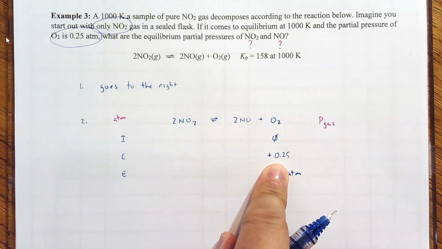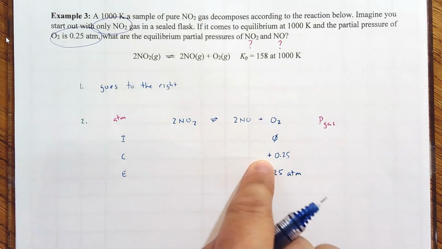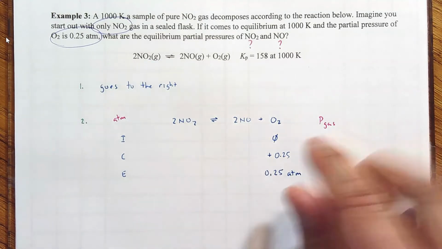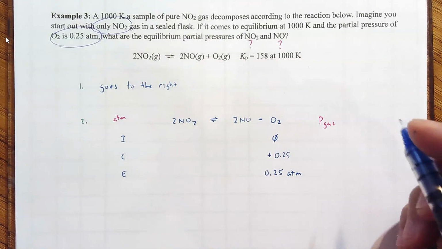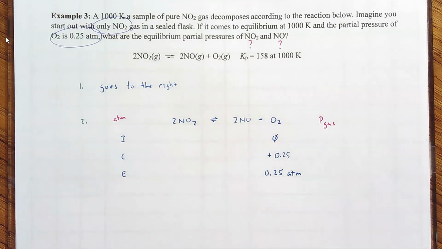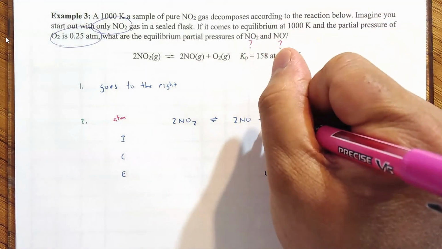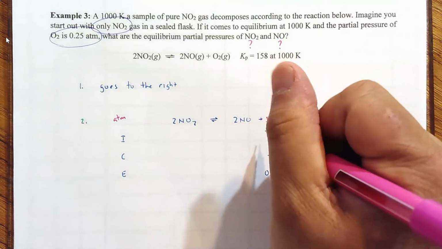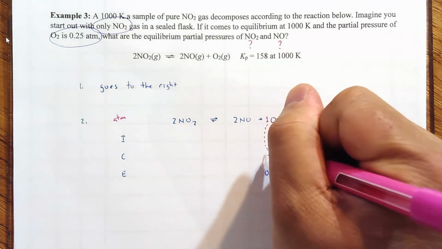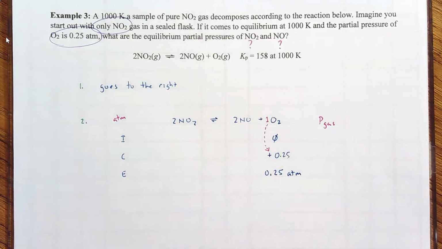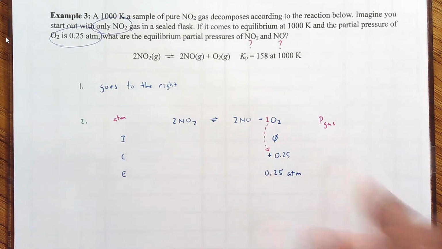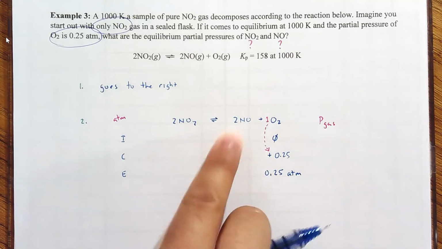In the first 2 examples, our change row had the x's. Not in this case. We know exactly how much was added to the O2. Now, a trick that I showed in the last video was, go ahead and write that 1. That 1 is implicit in this expression, 1 times 0.25, because that's going to help us figure out what the change for NO is.